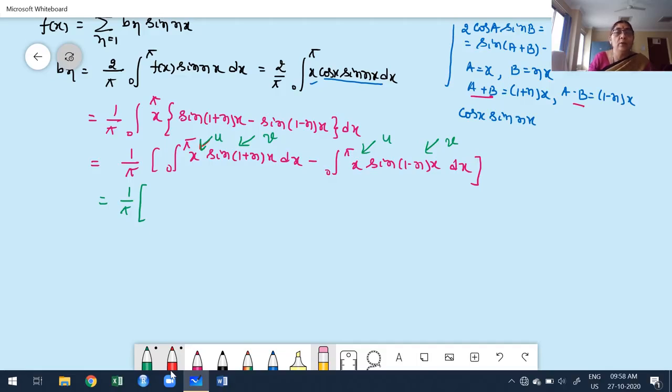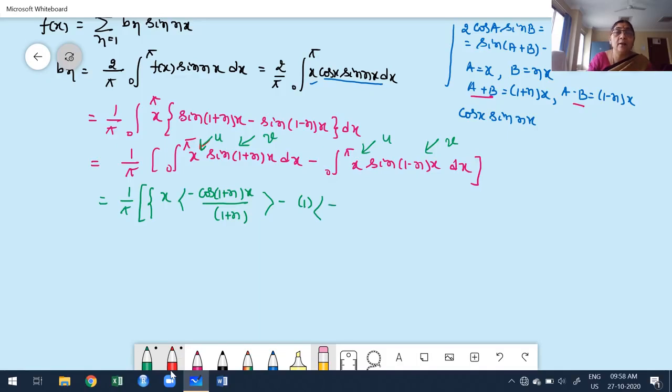From the UV rule, this is nothing but x into the integration of sine. What is the integration of sine? Minus cos of (1 plus n) into x divided by the coefficient of x. What's the coefficient of x here? 1 plus n. And then minus, the differentiation of x is 1.